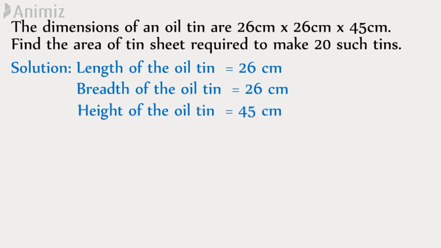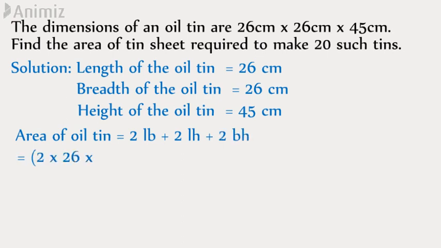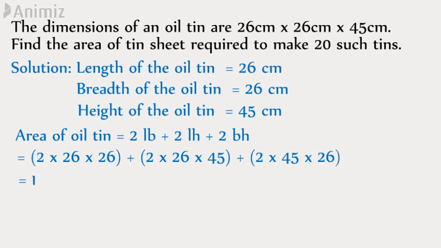We already know that total surface area of a cuboid is equal to 2LB plus 2LH plus 2BH. Therefore, area of an oil tin is equal to 2LB plus 2LH plus 2BH. Substituting all these values, we get 2 into 26 into 26 plus 2 into 26 into 45 plus 2 into 45 into 26, which is equal to 1352 plus 2340 plus 2340.